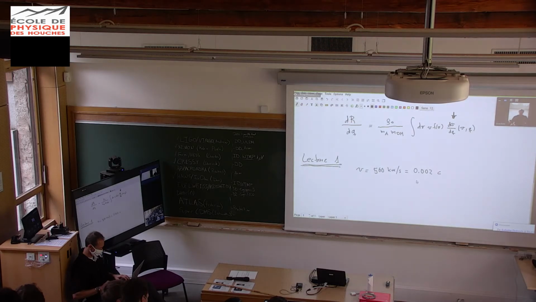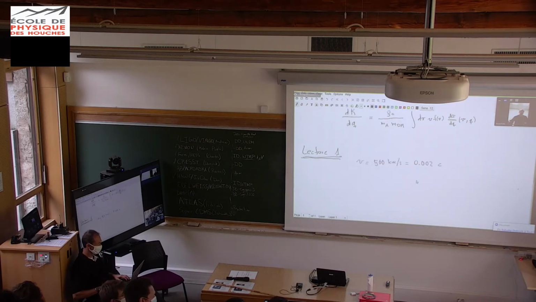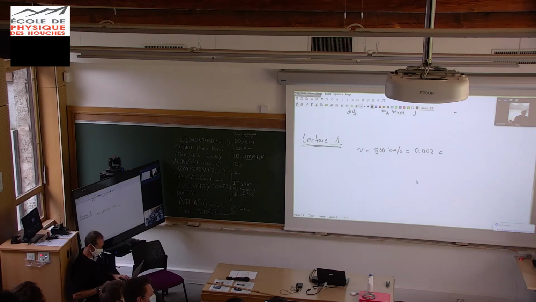We can also estimate the energy transfer or momentum transfer in this scattering process. For this we need a few definitions, so I need to tell you what the momenta are. Let's say we have a scattering: a dark matter particle, chi, comes in, goes out, and scatters on the nucleus. The nucleus comes in, goes out.